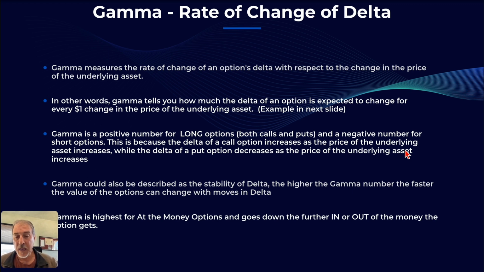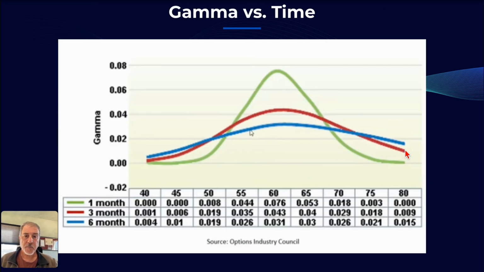Gamma is highest for at-the-money options, and gamma decreases as you get further in or out of the money. So to help illustrate this, if we're trading an option that expires in 1 month, we can see that our gamma is fairly high there.